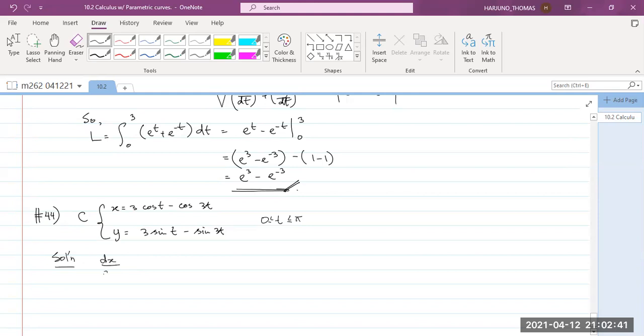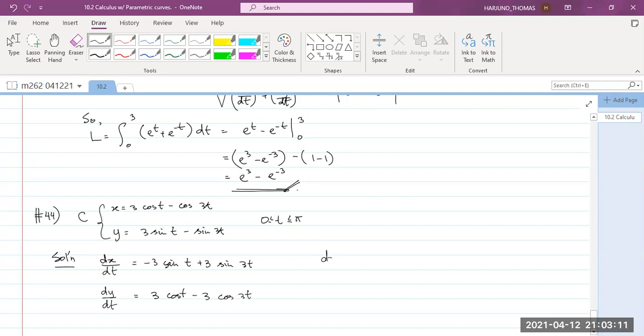dx/dt is negative 3 cosine, I'm sorry, sine t plus 3 sine 3t. Is it right? While dy/dt is 3 cosine t minus 3 cosine 3t.